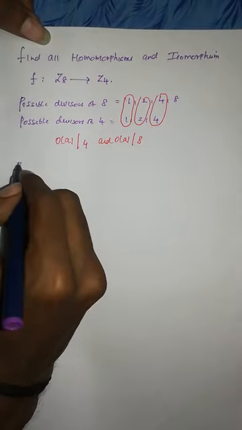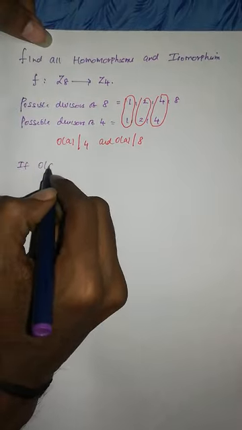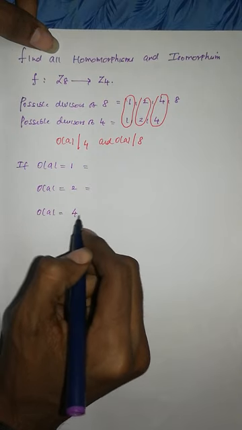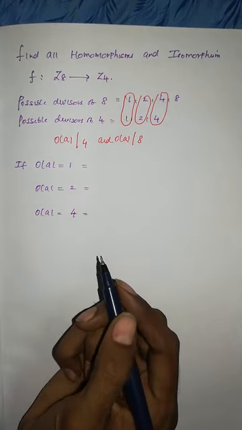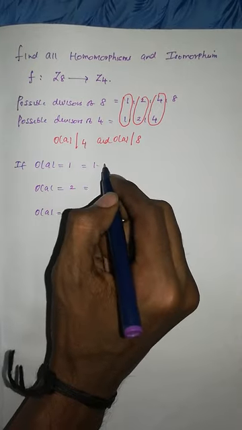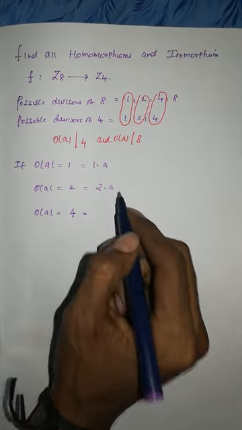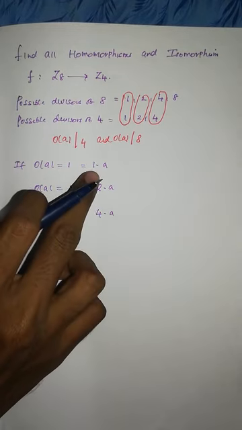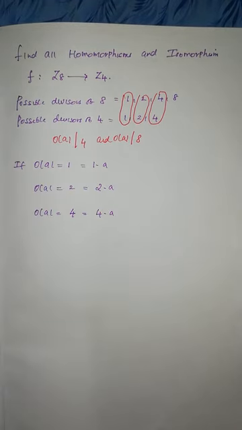The first possibility is order of a is 1, the second possibility is order of a equal to 2, and the third possibility is order of a equal to 4. Now order of a equal to 1 means 1 times a, 2 means 2 times a, and here 4 times a. Now here you should not read 1 into a, 2 into a.